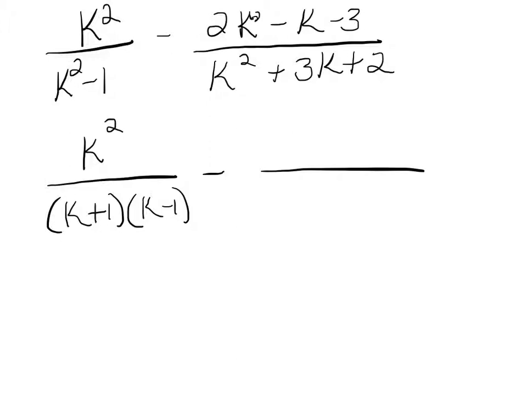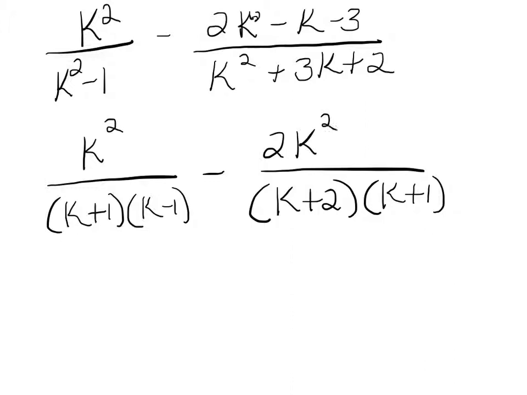That's going to be 2 and 1. So I've got k plus 2, k plus 1. And I'm going to go ahead and tell you that that numerator is going to factor. And actually, you know what? We're not going to worry about factoring. Let's just keep it the way it is. Let's just say 2k squared minus k minus 3 for now.